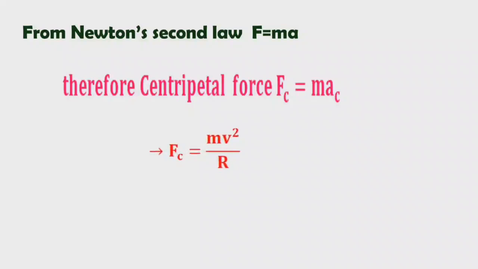Already you know centripetal acceleration is equal to v square by r. By substituting v square by r in place of ac, we get Fc is equal to m v square by r. So the formula for centripetal force is m v square by r.